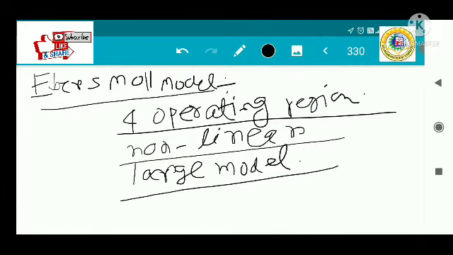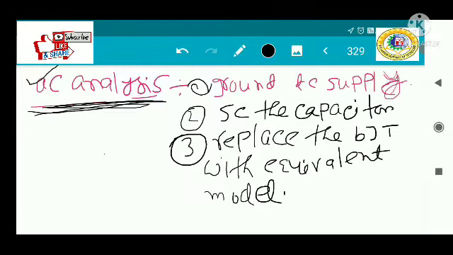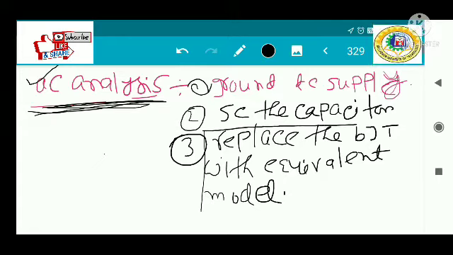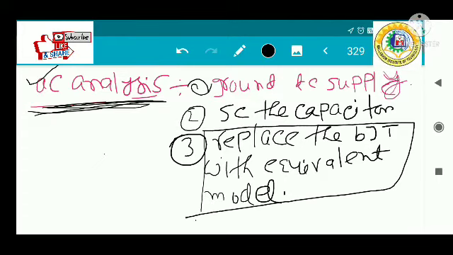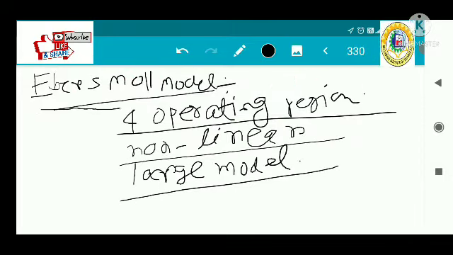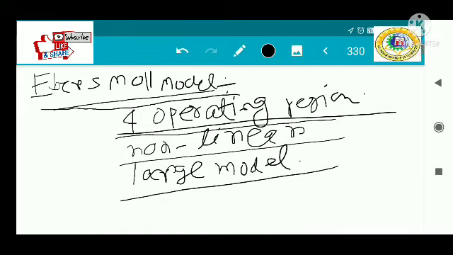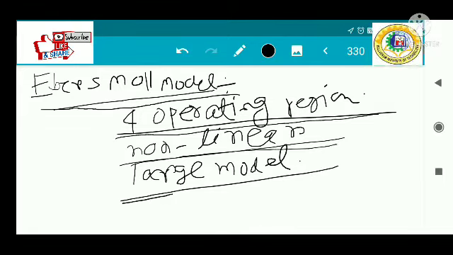In this lecture, the main part of AC analysis is to replace the BJT with the equivalent model. We have studied a model here, the Ebers-Moll model, and seen some advantages and disadvantages, but this is the starting point.